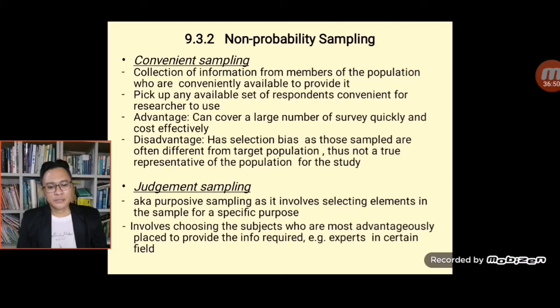But sometimes convenience sampling is the most appropriate way for you to approach. Example, if you are conducting a survey on backpackers, there is no data on how many backpackers staying in a certain hotel.